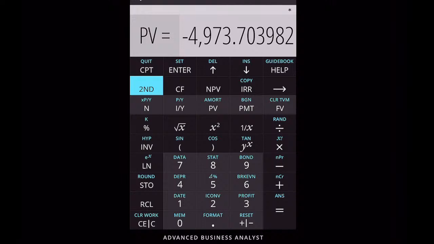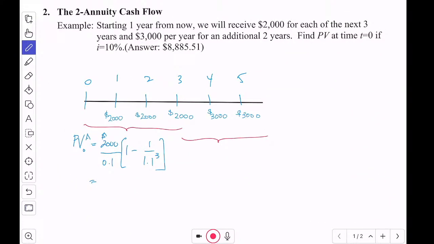All right, so that's the amount that I put here. I can just store that in 1. So I change the sign and store it in 1.